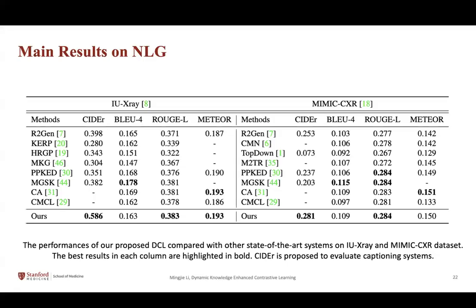And you can see in the table, our DCL achieved the state-of-the-art descriptive accuracy, which outperforms others in CIDEr and ROUGE metrics and matches their performance in BLEU-4 and METEOR. Here we use CIDEr as our main metric when we evaluate.